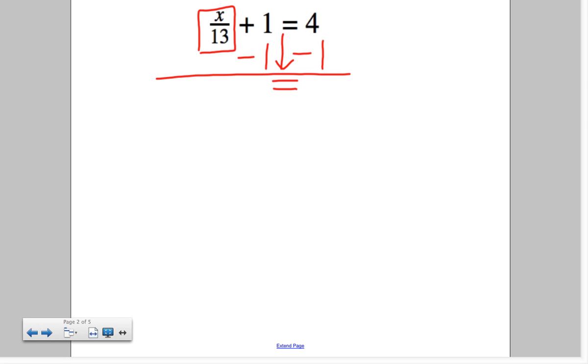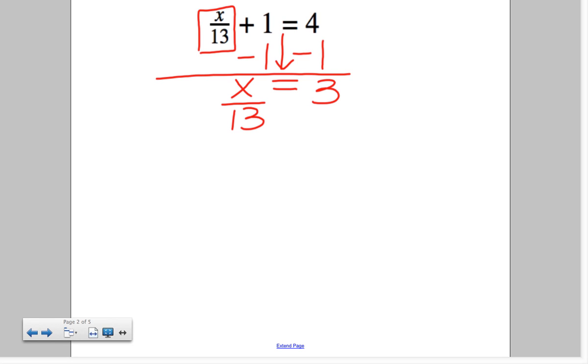We bring our equal sign down here. If you get rid of the positive 1, the only thing left on the left-hand side is x over 13. And if you put 4 and negative 1 together, hopefully you're thinking 3. From here, it looks a little bit different than last week. Instead of having multiplication, x is being divided by 13.